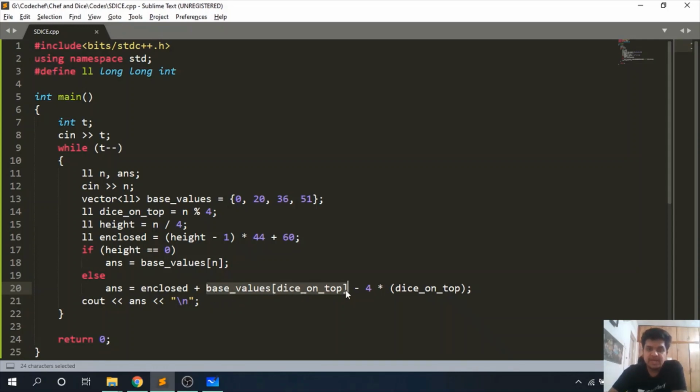So base values of dice on top minus 4 into dice on top. We saw that the dice on the top level will cover the faces on which 4 was written, so that many we have to subtract. So 4 into dice on top needs to be subtracted from our answer. So this was our formulated formula for the problem. And now we will just output our answer on a new line. So that was the solution, and I hope you understood it. Thank you.